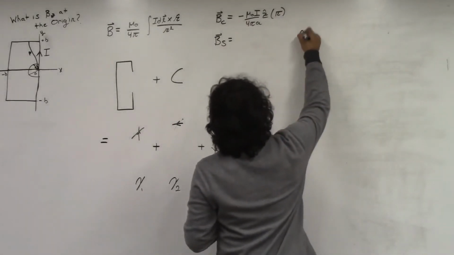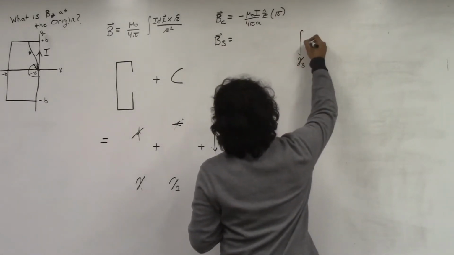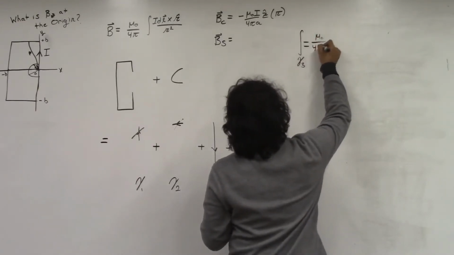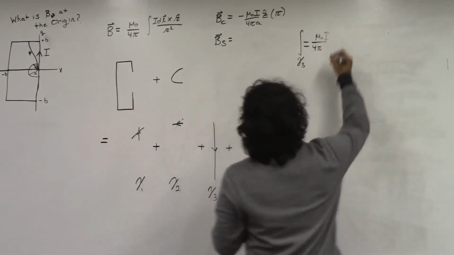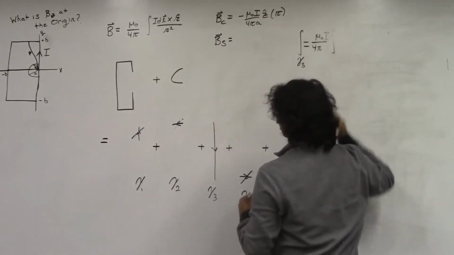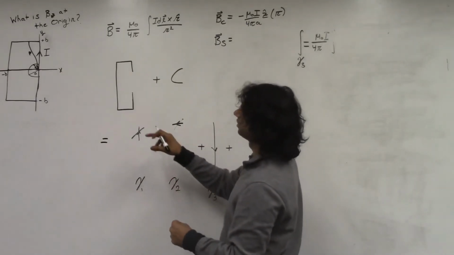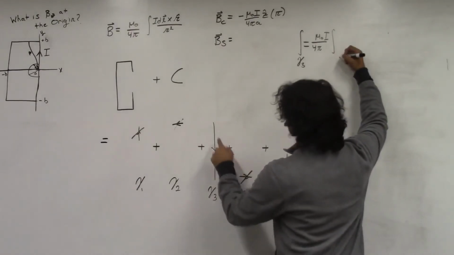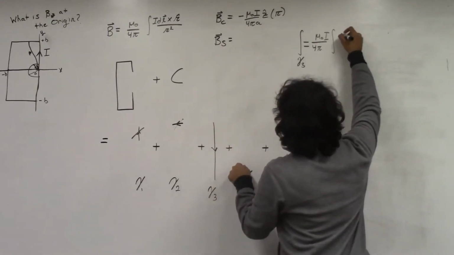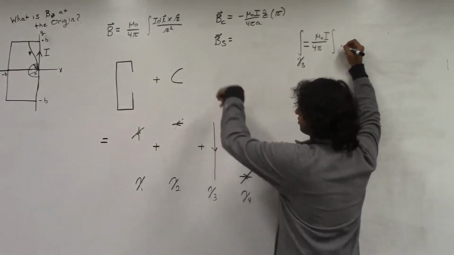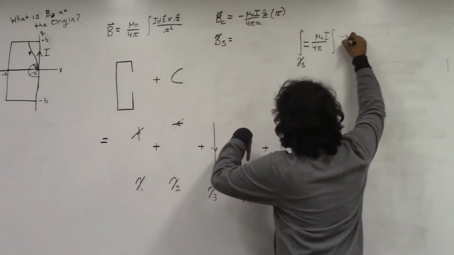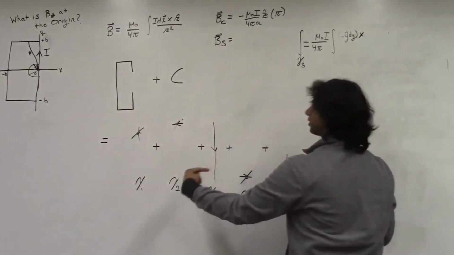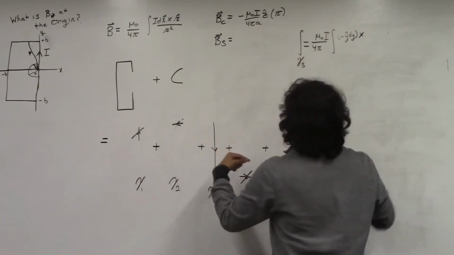So the integral over gamma 3 is equal to mu naught over 4 pi I times the integral. So in order to do this length, we have to consider the distance, which is now going to be the length that we travel here, is minus y, since the current is flowing down. So minus y hat dy cross the vector pointing in from each of those points.